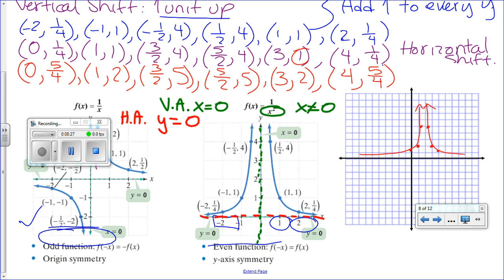The transform function that we have here, actually my graph is a little off. So let's talk about that.